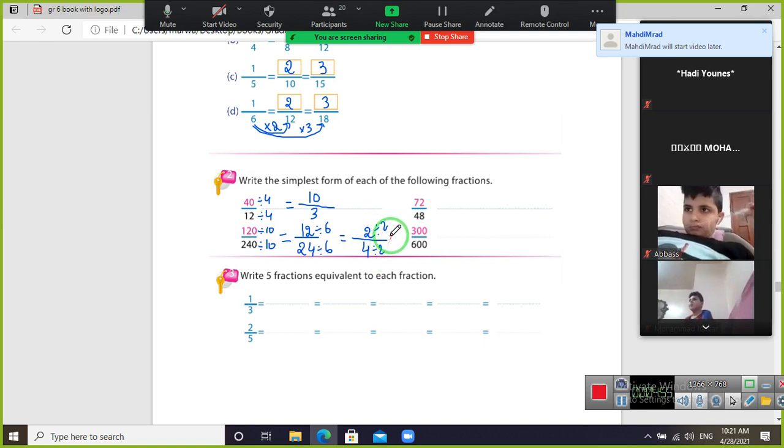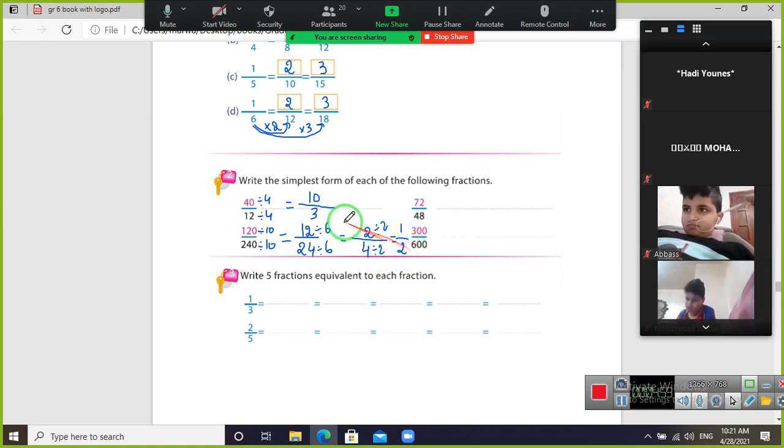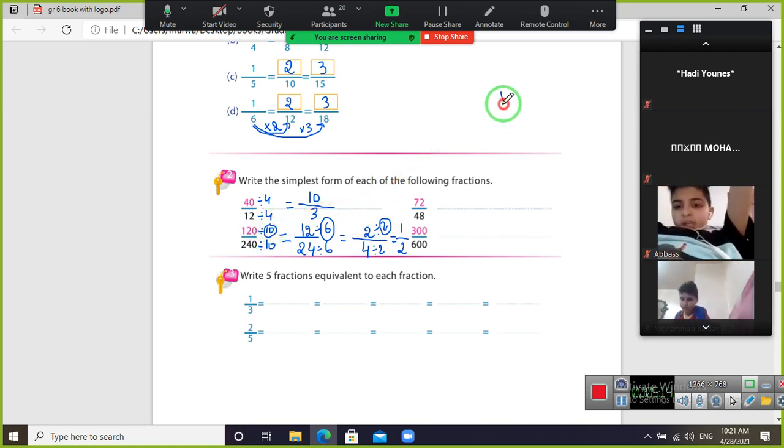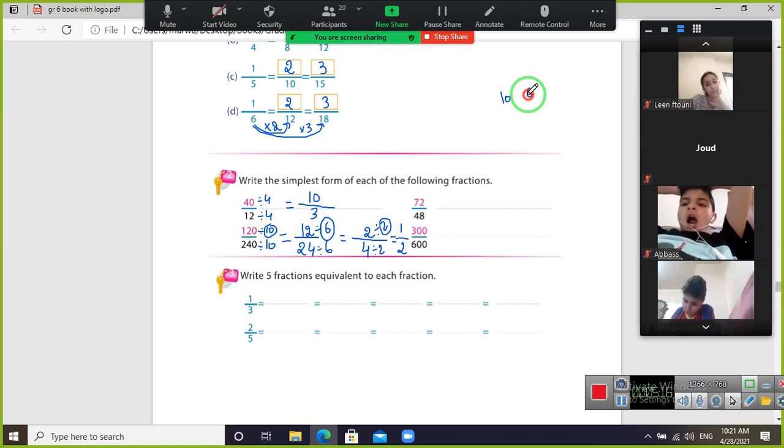Look here, what can I do? Look at what I want to explain here. If you see here, teacher, you divide it first by what? By 10, then by 6, then by 2. So you divide it by 10 and 6 and 2.